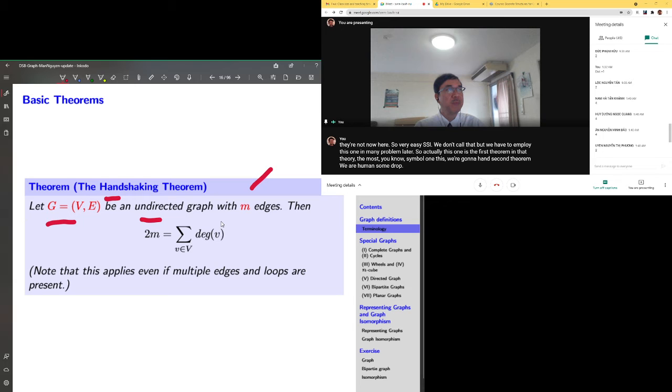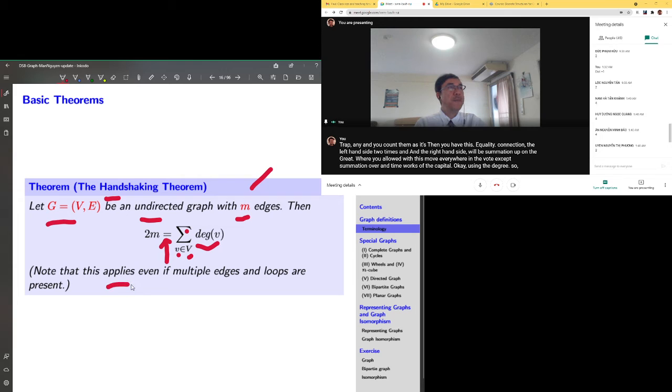Then you have this equality. The left hand side is 2 times m, and the right hand side will be the summation of all degrees, where you allow the vertex to move everywhere in the vertex set. Okay, summation over the entire vertex set V. Okay, this is the degree.